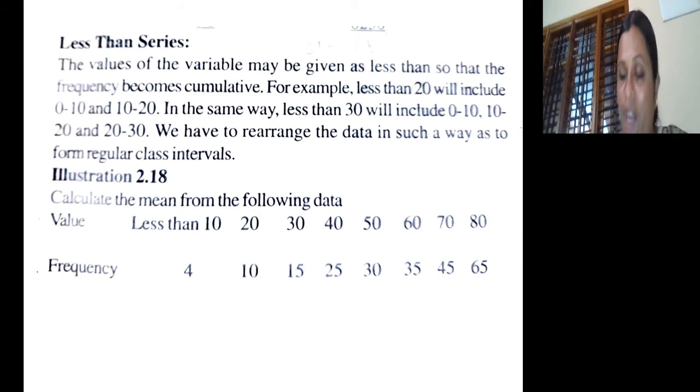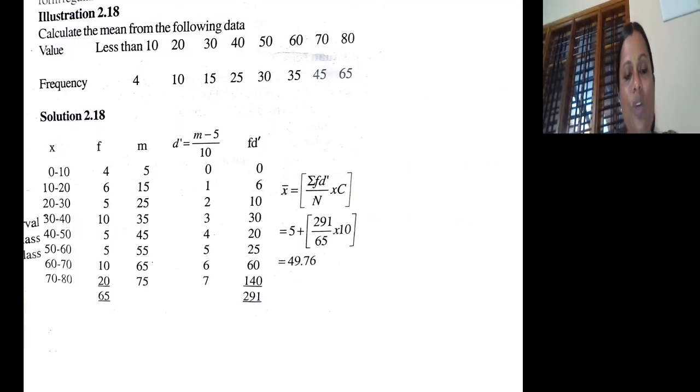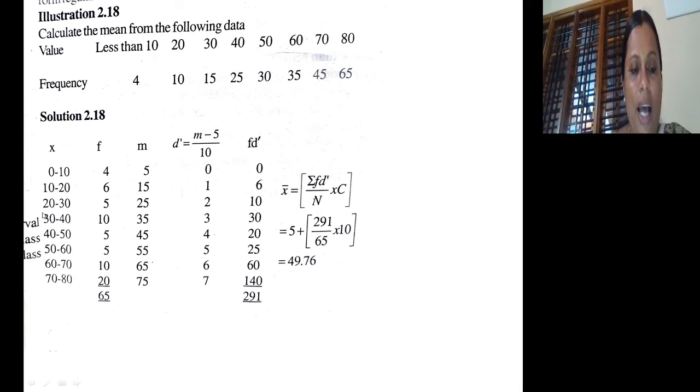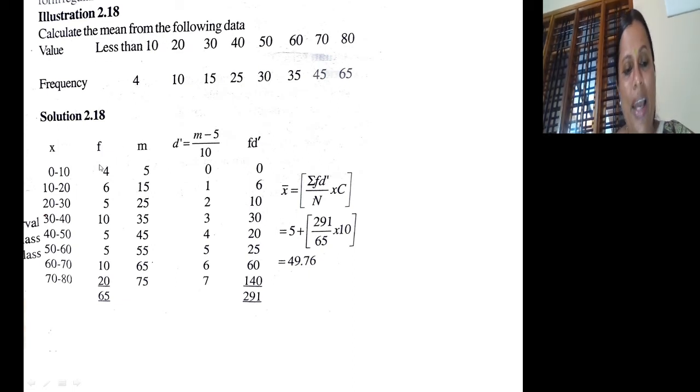As far as frequency is concerned, I have already informed you that frequencies are given in cumulative form. Then how to rearrange the frequency? For the first class interval, the given frequency is less than 10, meaning those who scored 0 to 10 is 4. Take it as it is. For the next, less than 20, the total number of students is 10, which includes this 4 also. So deduct 4 from 10 to arrive at the number of students who scored 10 to 20.